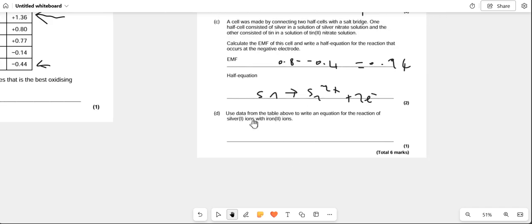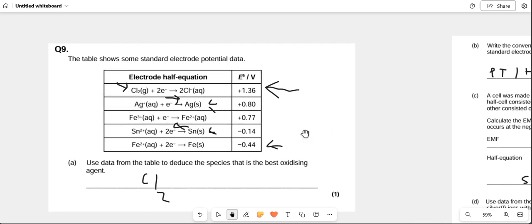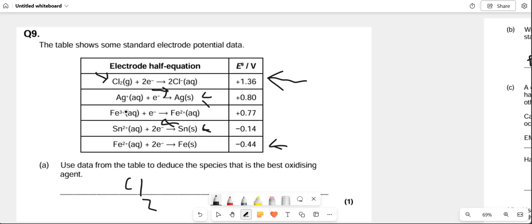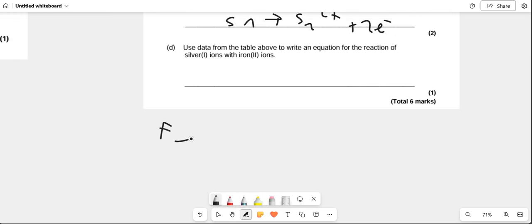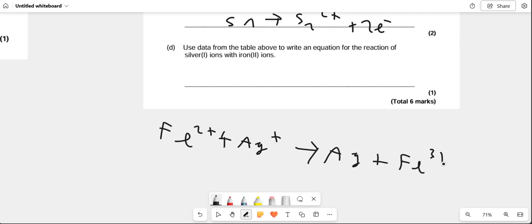So we're looking at Fe3 plus and Fe2 plus, so forget about what I said before. This one is going backwards because it's smaller than Ag, just 0.77. So that's going backwards and Ag is going forward. So it's Fe2 plus and Ag plus going to Ag and Fe3 plus. There's one electron there and one electron there, so it balances anyway. It's very simple. Just Fe2 plus and Ag plus go to Ag, and Fe is oxidized to 3 plus.